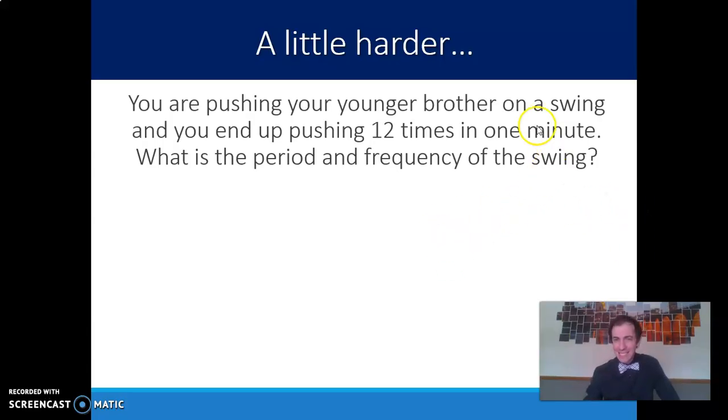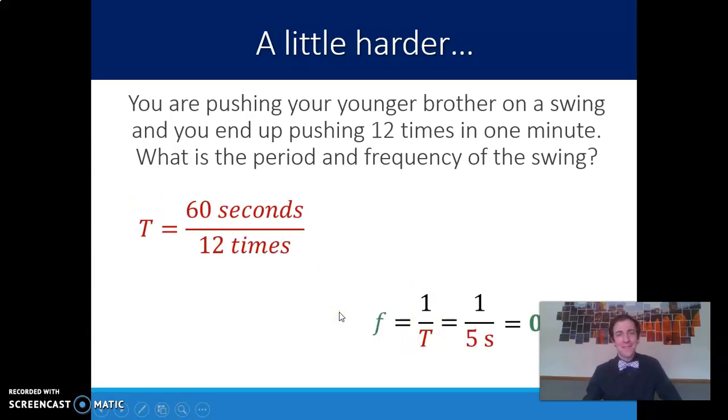We know that 1 minute is the same as 60 seconds. So if I know that it takes 60 seconds to push 12 times, it'd be pretty easy to figure out how many seconds for every one push. If I took that 60 seconds divided by 12, I can find that it's 5 seconds per push.